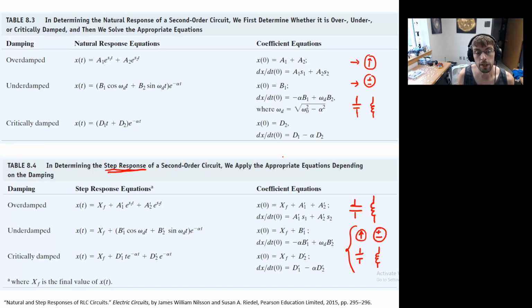And again, we notice that it depends on whether it's overdamped, underdamped, or critically damped to dictate which equation we should be using, and then in addition to that, the necessary initial conditions for us to get the unknown coefficients.